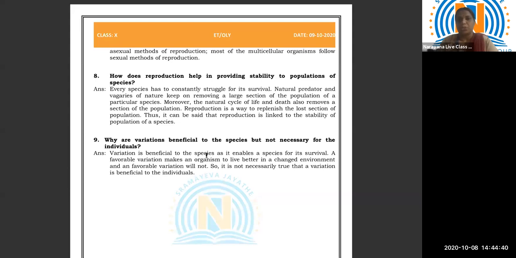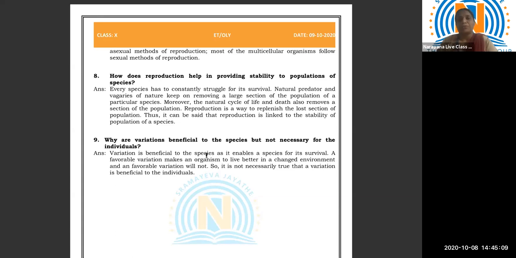Then ninth question, why are variations beneficial to the species but not necessary for the individuals? Variation is beneficial to the species as it enables the species to survive. A favorable variation makes an organism live better in a changed environment, and an unfavorable variation will not. So there are two types of variation.